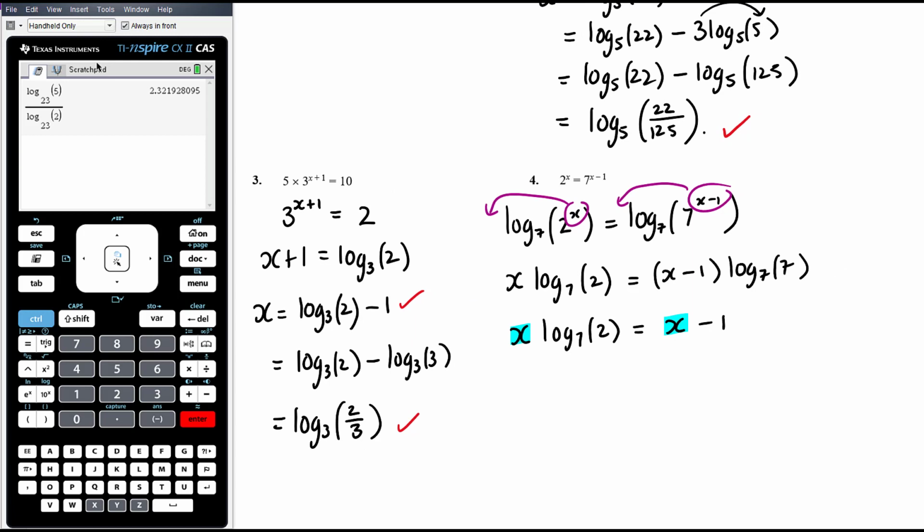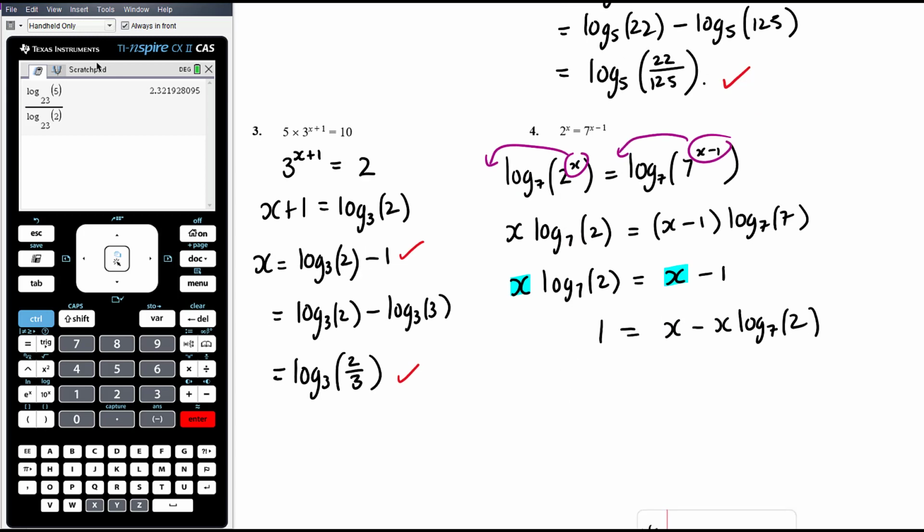Okay, so the key is to get the x terms on the same side. So what I might actually do is, which way around am I going to do it? I think I might add 1 and subtract x times log base 7 of 2. It isn't to say you couldn't have the equation as x times log base 7 of 2 minus x equals negative 1. I just didn't really want the negative 1, so I wrote it this way around. Okay, so then we focus on taking out x as a common factor.